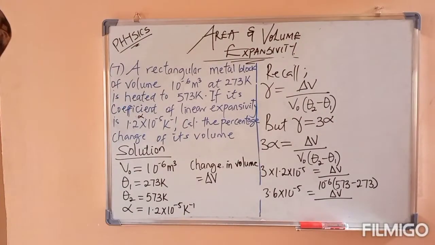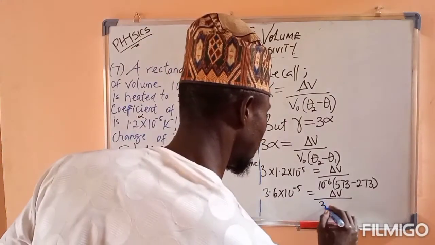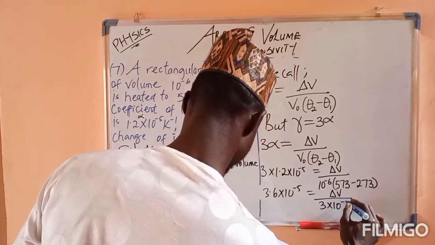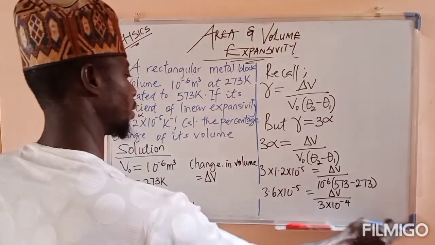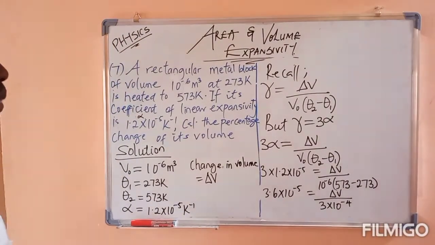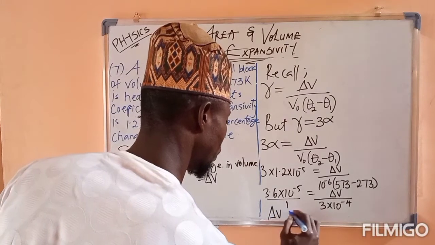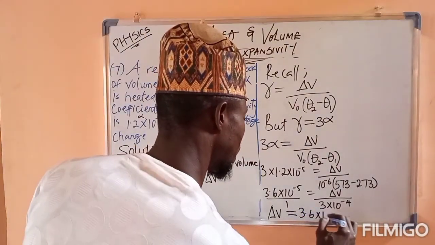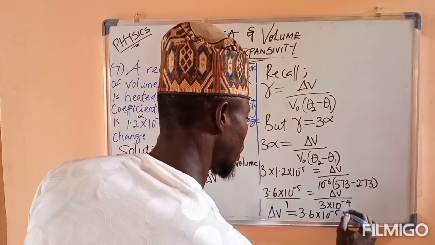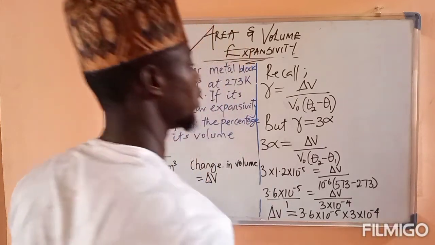So 300 by 10 raised to power minus 6 will give us 3 times 10 raised to power minus 4. So the next thing is to cross multiply. Change in volume is equal to 3.6 times 10 raised to power minus 5 times 3 times 10 raised to power minus 4.